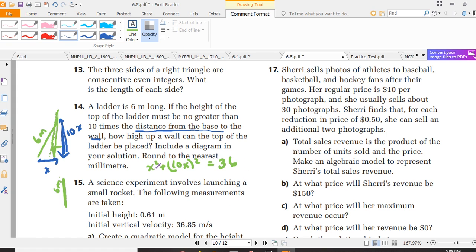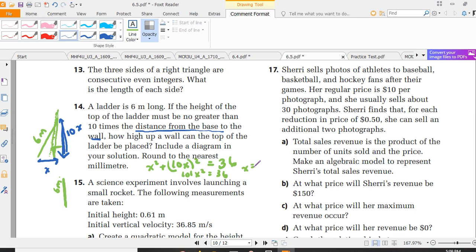Okay, so then what do I have here? Well, x squared plus 10x squared, where 10x squared would be 100x squared, right? 100x squared plus 1x squared, I'll get 101x squared equals 36. Now if you simplify that, you can divide both sides by 101 and then square root the answer.